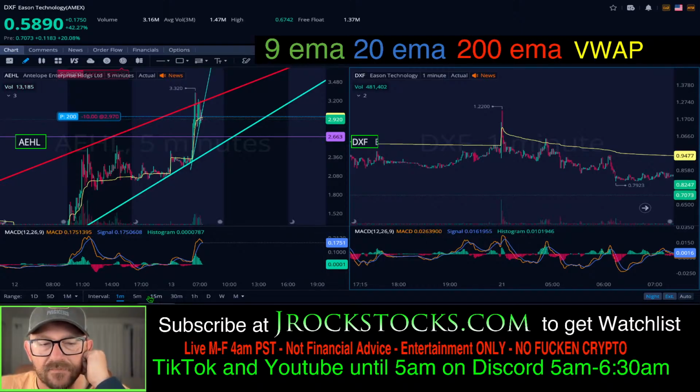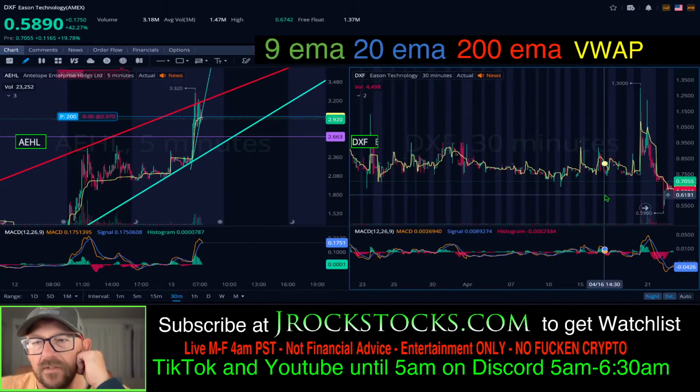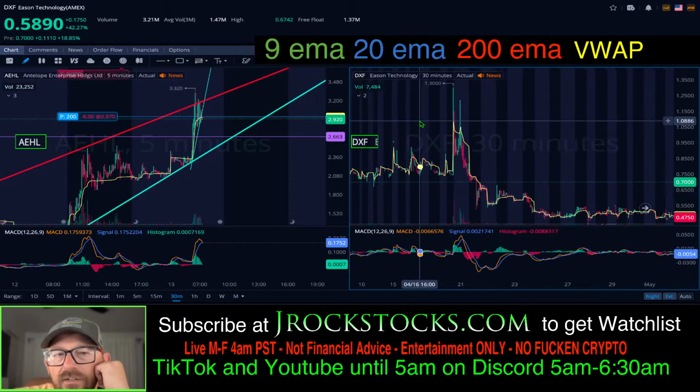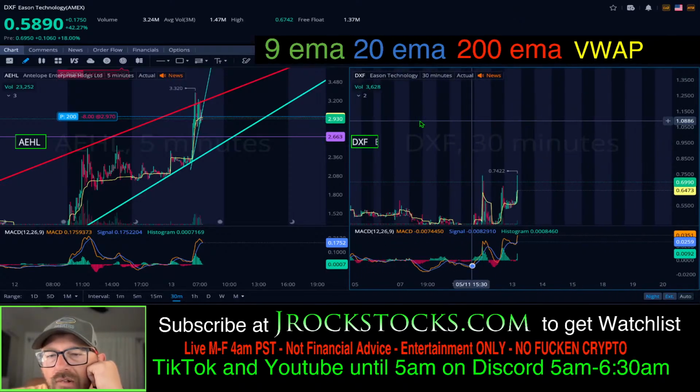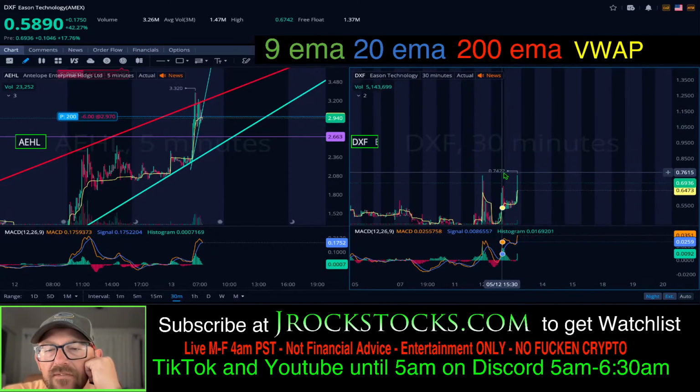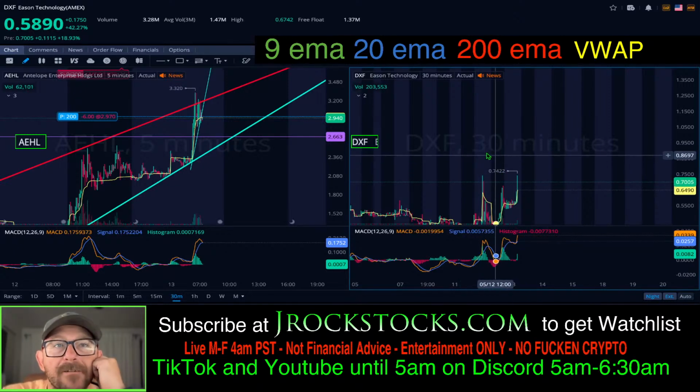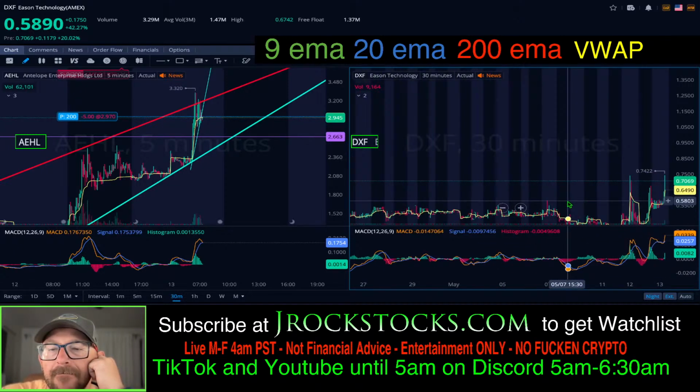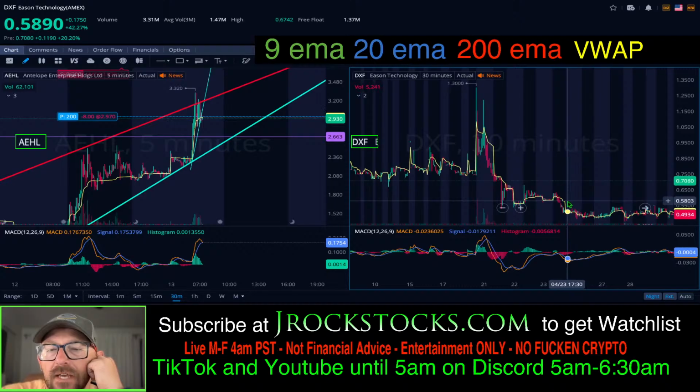DXF. Let's check the 30-minute here real quick. All right, there you go. And it hit the gap at 74. As you can see, 74.22. There was a little gap up there. So there's that.